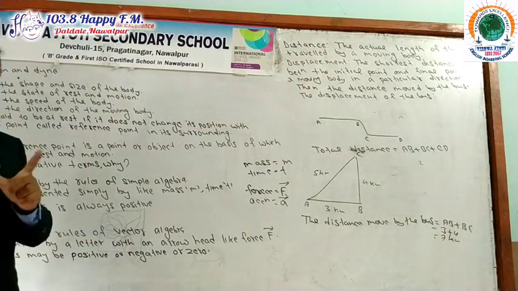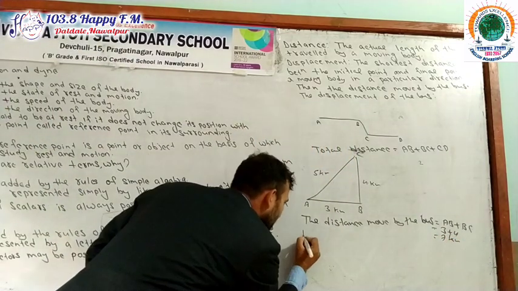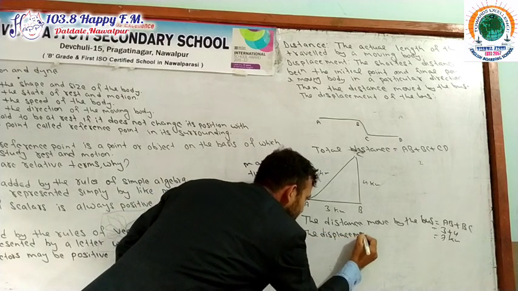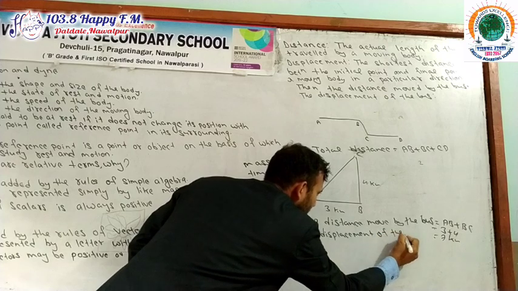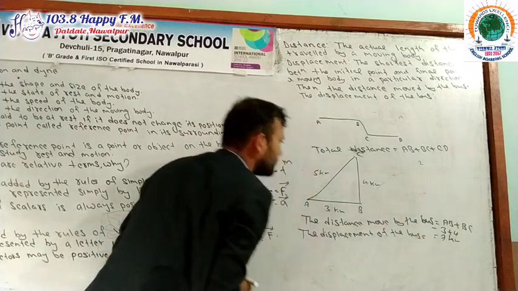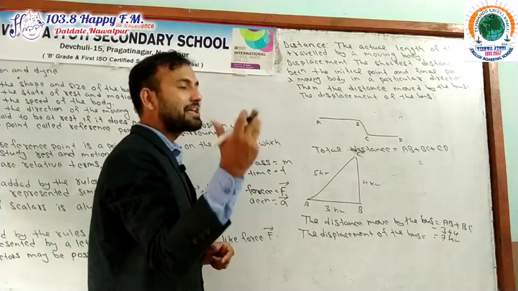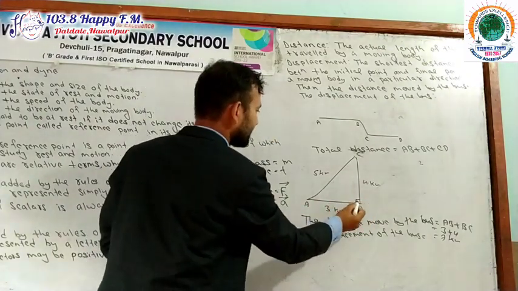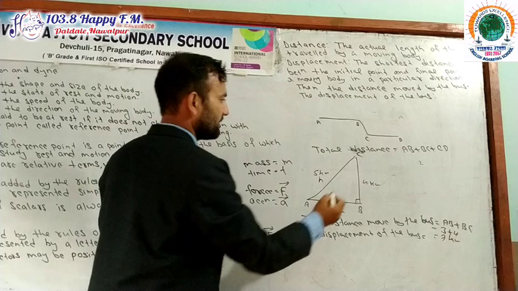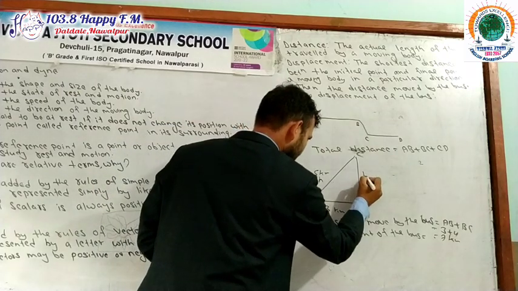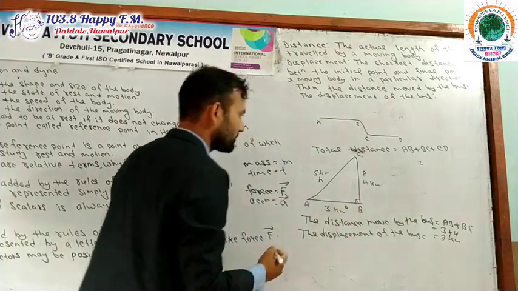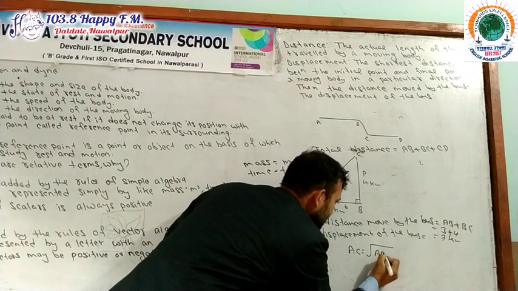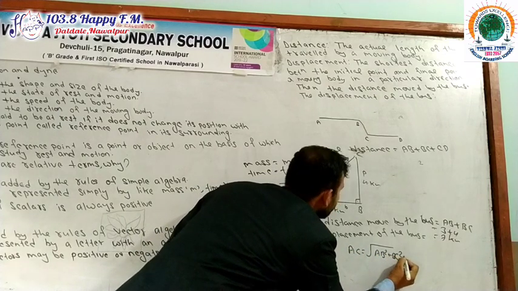But the displacement of the bus, by using the Pythagoras theorem, with perpendicular, base and hypotenuse: we write AC square equals AB square plus BC square.